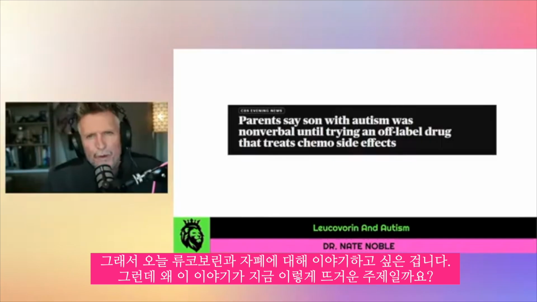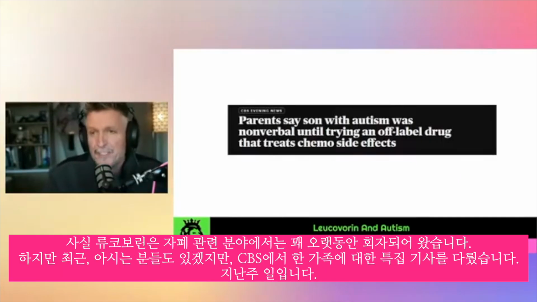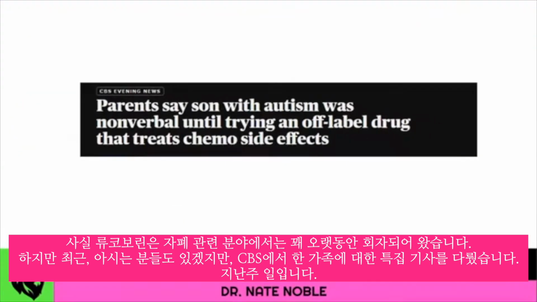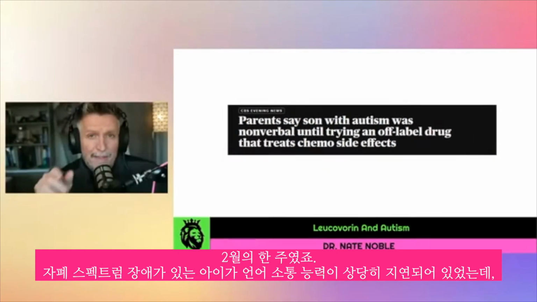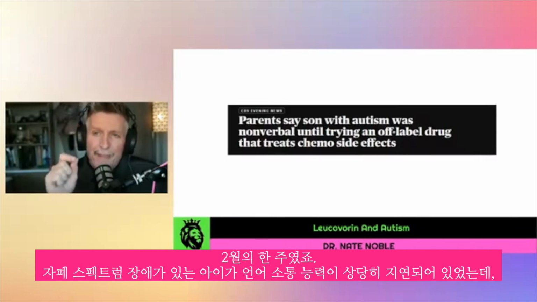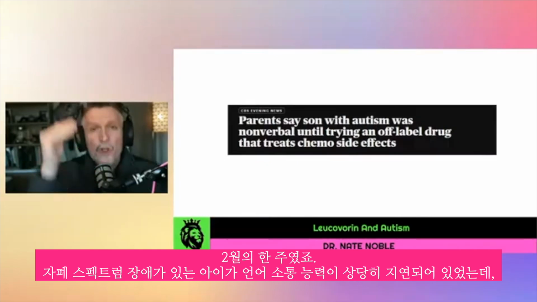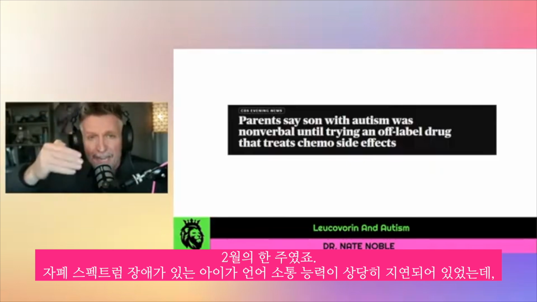But why is this so pertinent right now? Leucovorin's not a new issue. It's been around in circles in regards to autism for a while. But recently, for those of you who are aware, CBS just did a feature on a family. This was last week, a week ago in February, where they did a feature about a family who had a child with an autism spectrum disorder who was significantly delayed in his ability to communicate using his words.